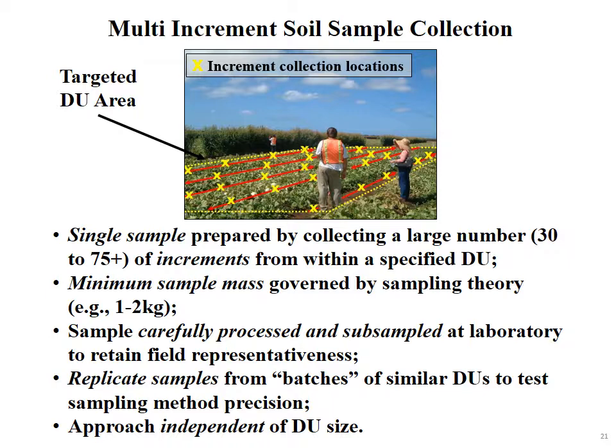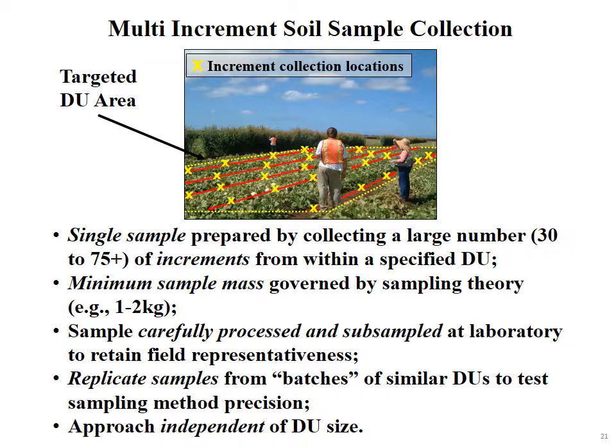We're laying out systematic random increments across that decision unit, and we typically have 30 to up to 100 increments depending on the chemical, the amount of heterogeneity expected on the site, etc. These 30 to 100 increments are placed throughout the DU, stratified random locations, and in certain DUs, or at least a representative number of the DUs on a given site, we're collecting triplicates.